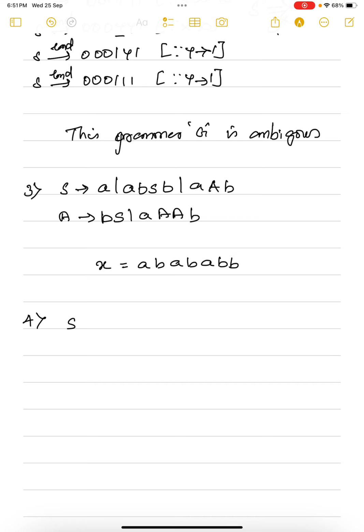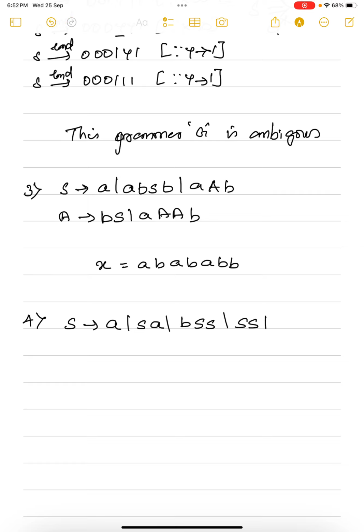Now you take one more example. S goes to A or SA or B or SSB or SBS, and so on.